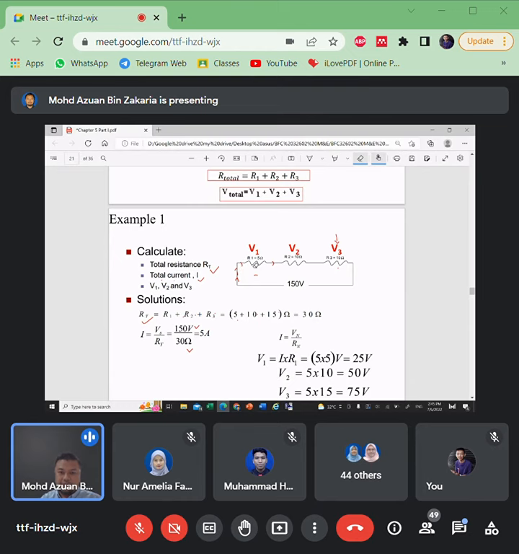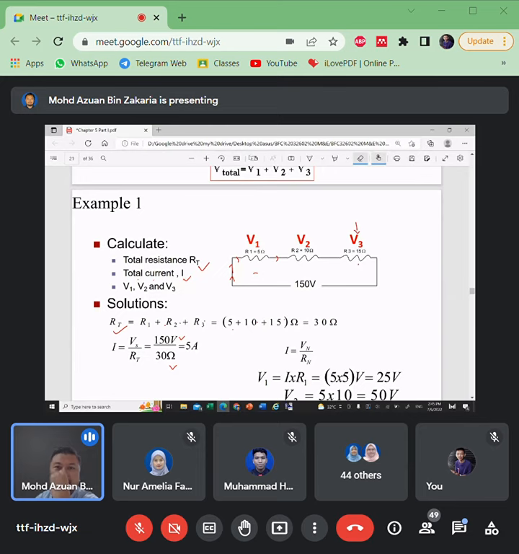Using a similar circuit, similar question, but I will change the values. For example, R1 is 6 ohm, R2 is 8 ohm, and R3 is 10 ohm.